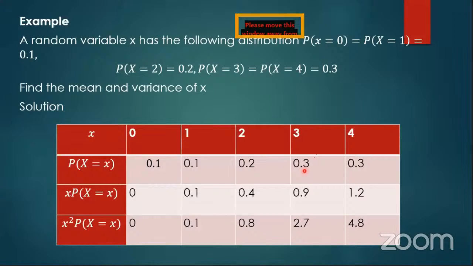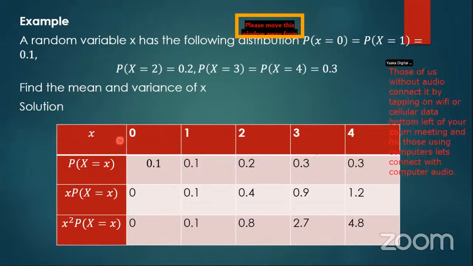Plus 0.3? 0.7. Then plus another 0.3 gives us 1.0. Yes, that is 1. So, to find the mean, we need the expected value, the expectation.